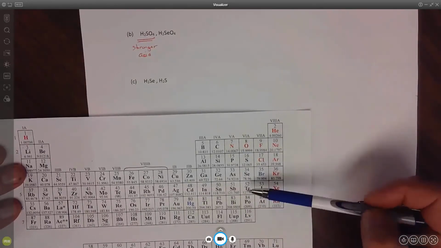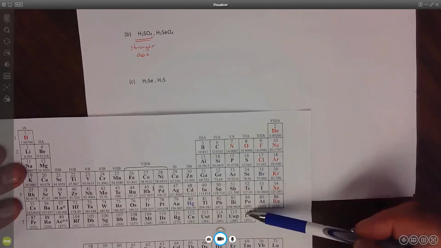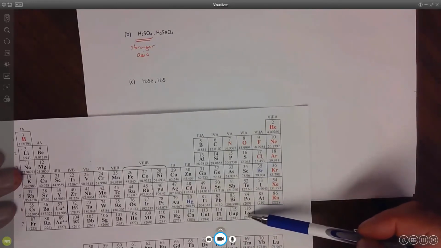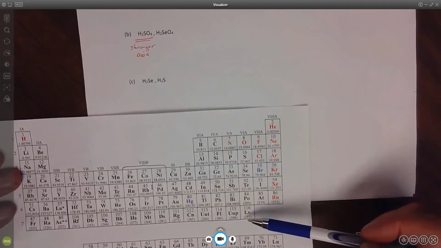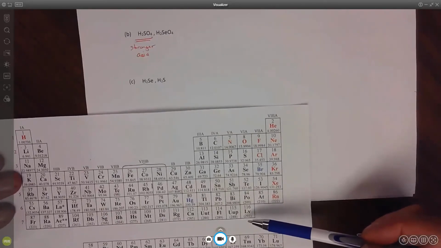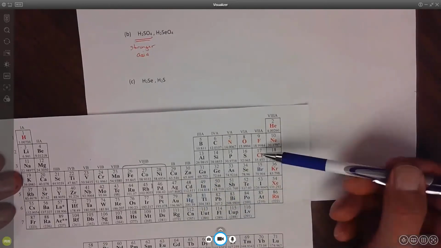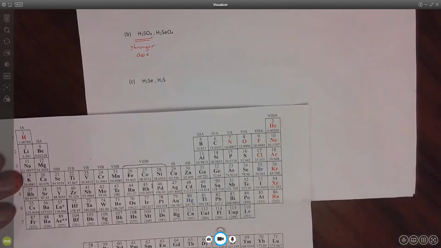So for binary acids in the same group, which one's going to be stronger? Is it the one that's more electronegative? Nope, that's the period. That's the only case where we compare binary acids in the same period. When we have binary acids in the same group, bond strength is related to acid strength. The weaker the bond strength, the stronger the acid.